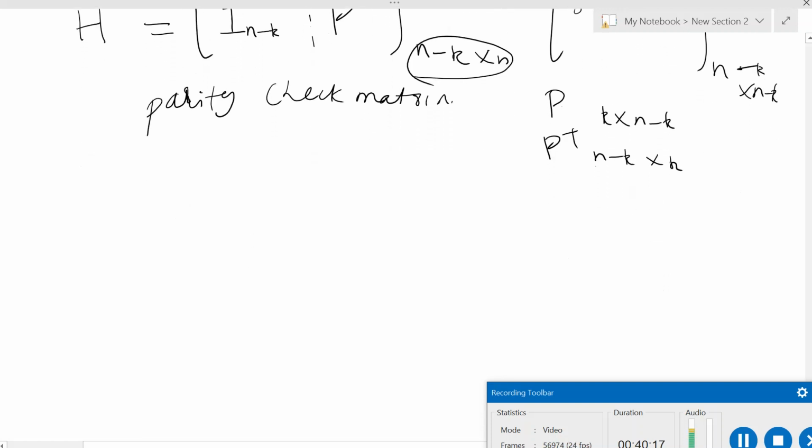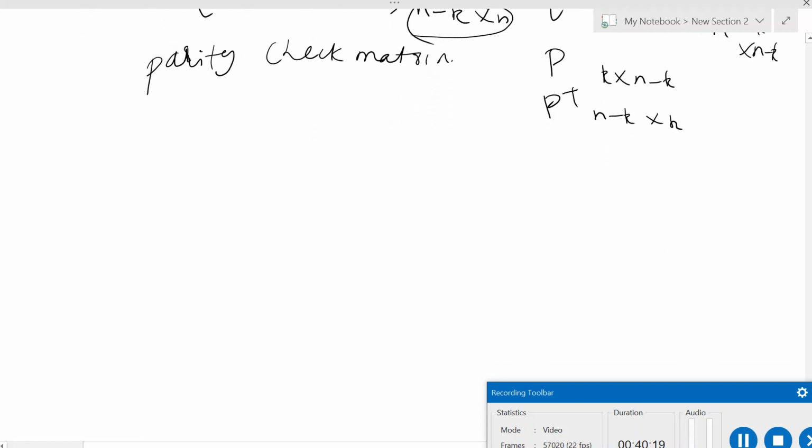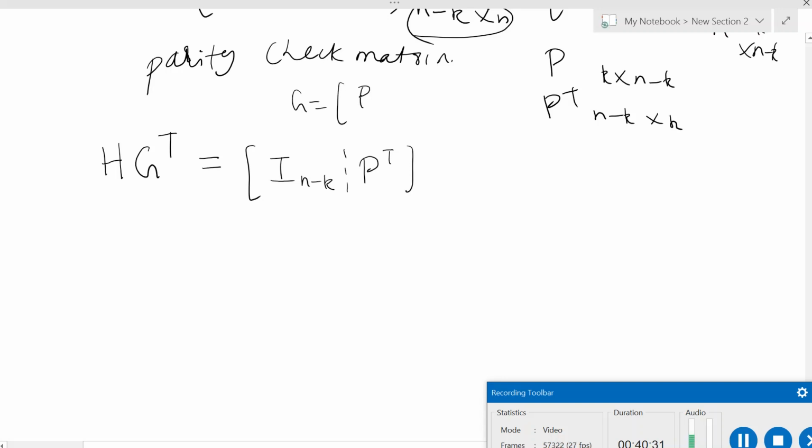And we have now a very special property. Let's compute H G transpose. H is I of n minus k concatenated with P transpose. G was P concatenated with Ik. Now G transpose will be P transpose concatenated with Ik, because Ik transpose is the same as Ik, the identity matrix.